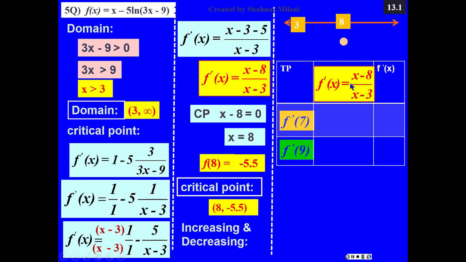Your choice. You can replace the x by 7. In the numerator, 7 minus 8 becomes minus 1. In the denominator, 7 minus 3 is going to be 4. That means minus 1 over 4. You can have the actual number here, or you can just have a sign. When I replace the x in the numerator, the minus 8 gives a negative sign.